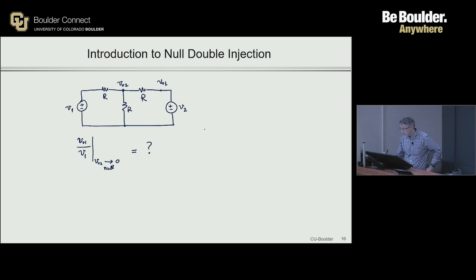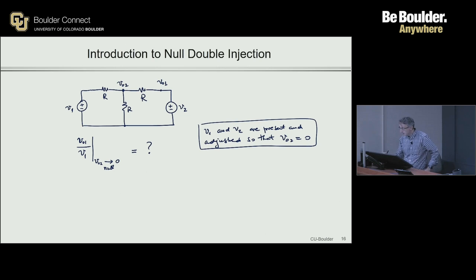So V1 and V2 are present and adjusted so that V output 2 is equal to 0.